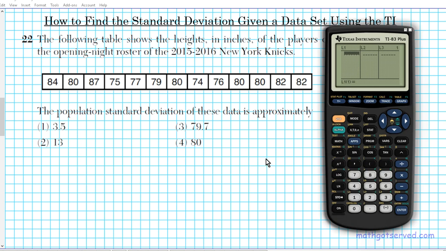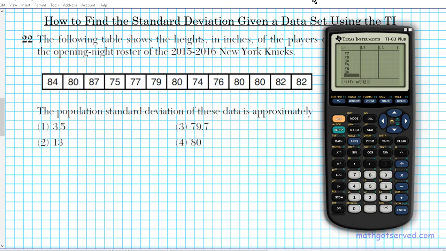So 84, let's get started, 84, and then 80, 87, you just enter the number 75 and then hit enter. I'm using my keyboard to enter it here because I'm using a computer. 84, 80, 87, 75, and then 77, 79, 80, 74, 76, 80, 80.